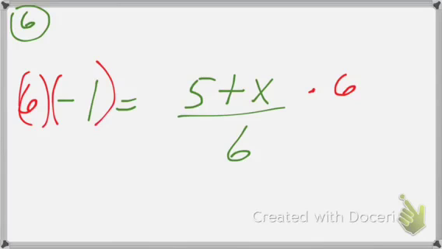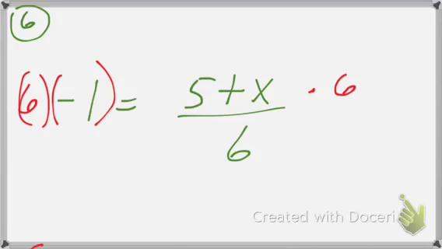And I'm going to put the 6 and the negative 1 in parentheses, because if you put the 6 in front of it, it looks like 6 minus 1. So by putting it in parentheses, you can see that there's multiplication. I strongly recommend you put it in parentheses to indicate that it is a multiplication operation.